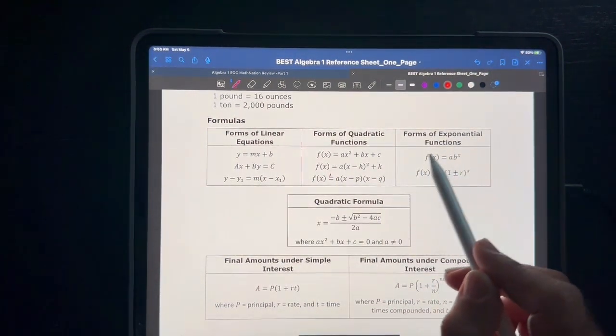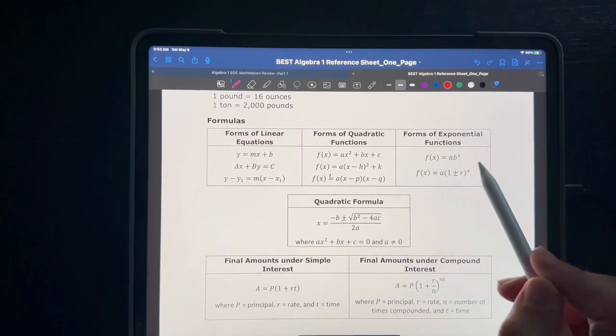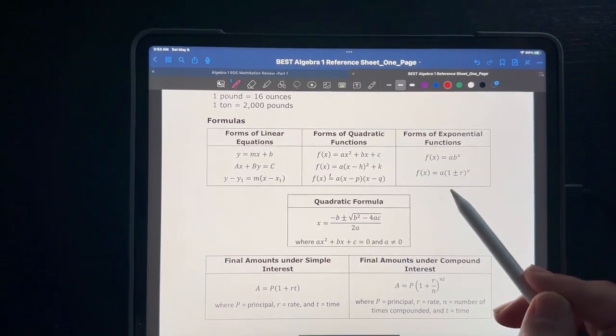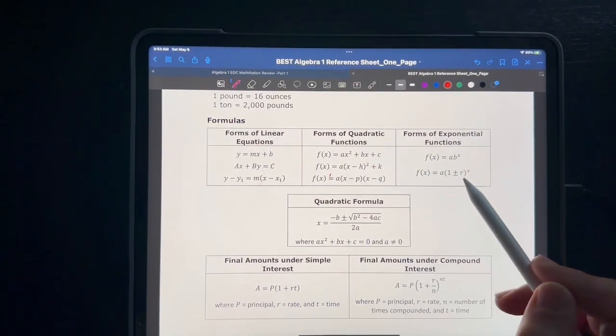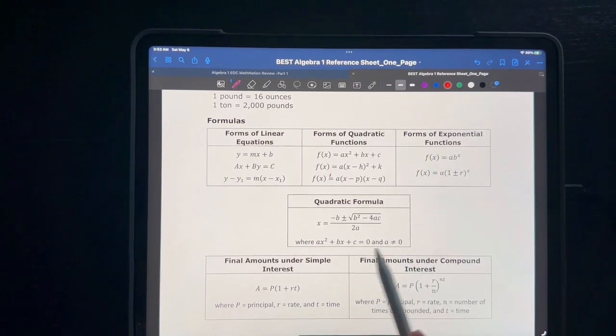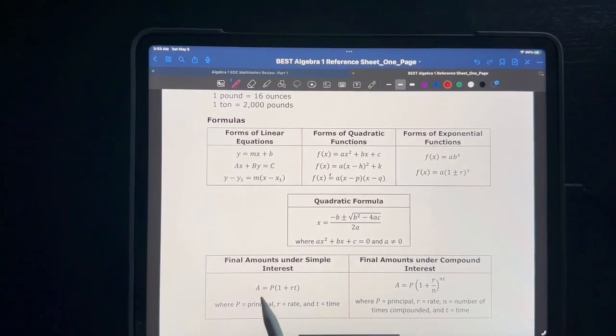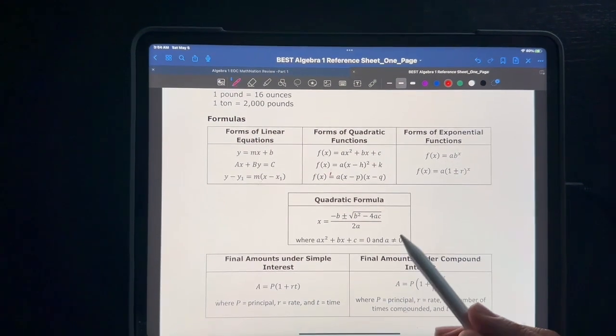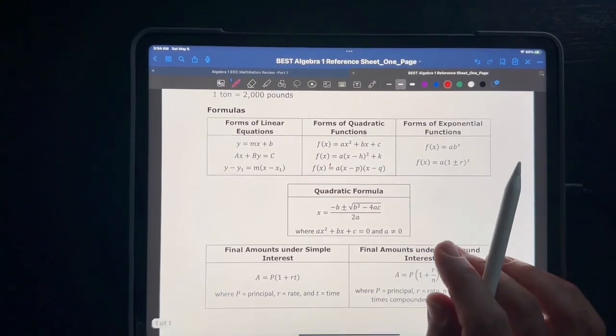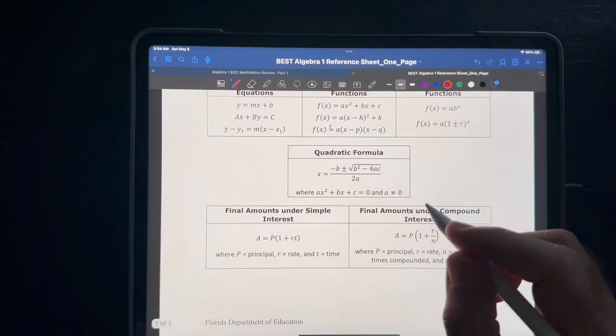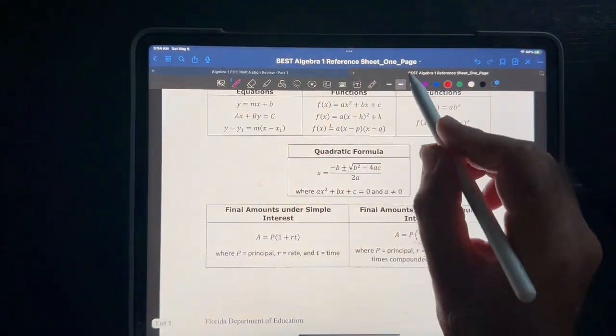And then this is exponential functions, which is coming up next in the packet after absolute value, and quadratic is recent. These are the formulas that they never gave before, but now you have them. But then there's some with absolute value that they don't.